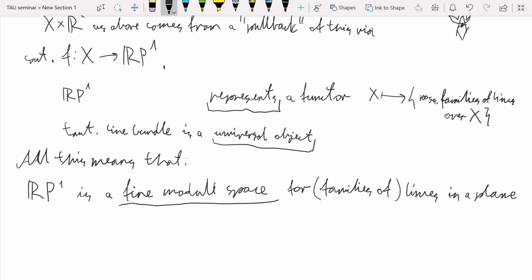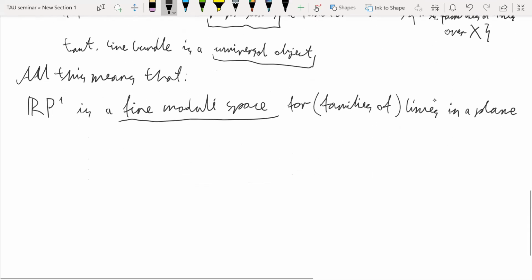So not only do points of RP1 classify lines in a space, but also we have it somehow correctly classifies families of those lines. And that's pretty much the end for this extended example.